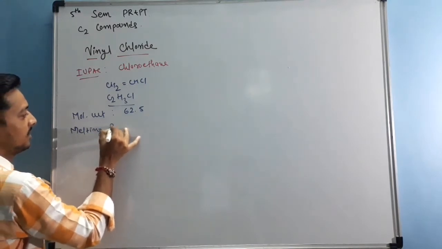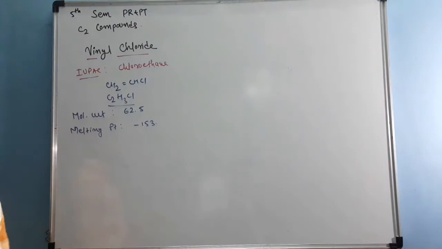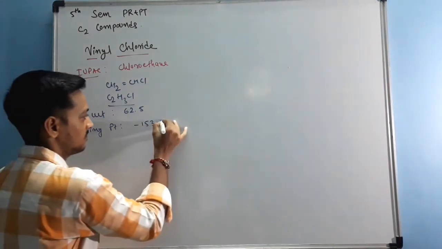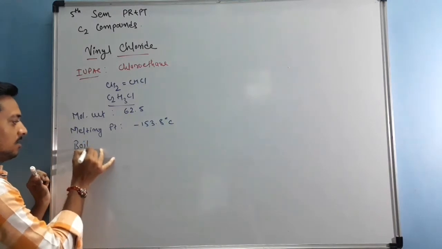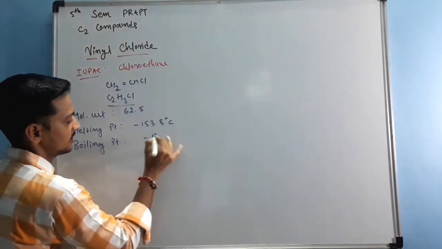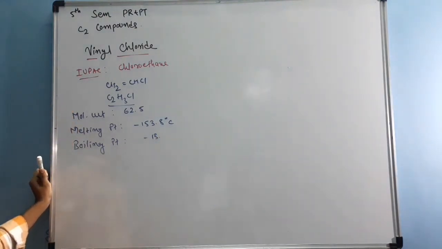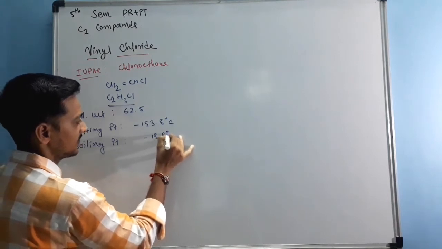Melting point minus 153, around minus 153.8 degrees Celsius. Boiling point minus 13.6 or 7.8 degrees Celsius.